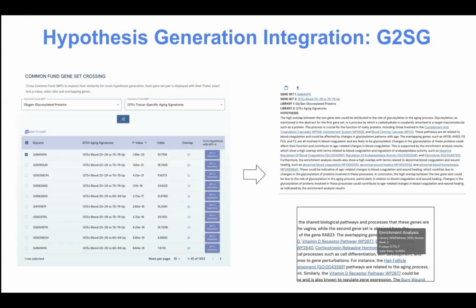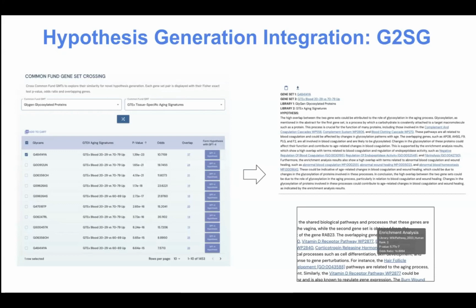Here we can see that we're looking at glycosylated proteins from Glygen, as well as GTEx tissue-specific aging signatures. We can see there's a significant overlap between this one glycosylated protein and the gene set involved in blood from comparing young blood to older blood.